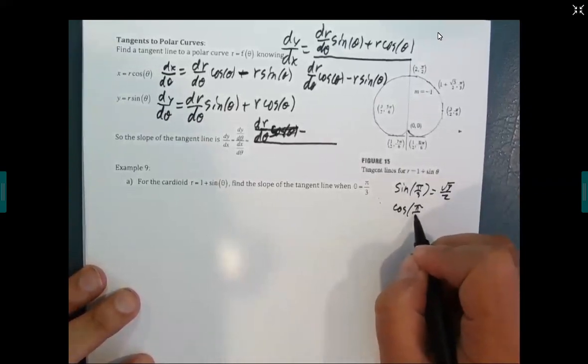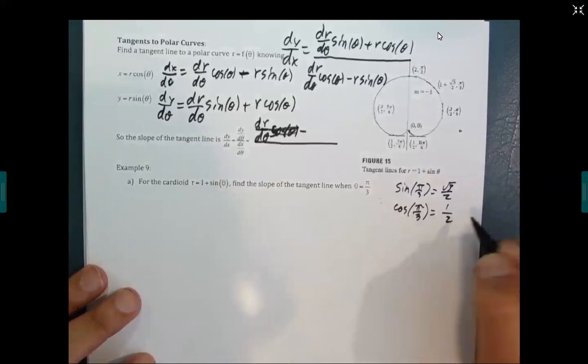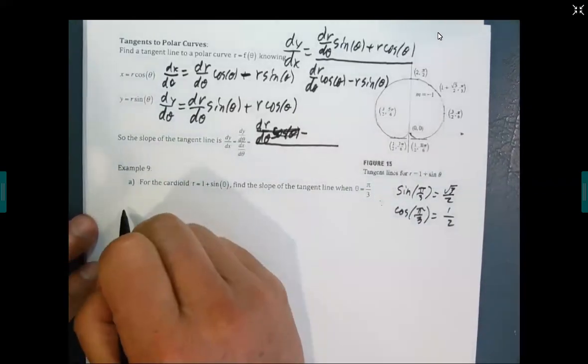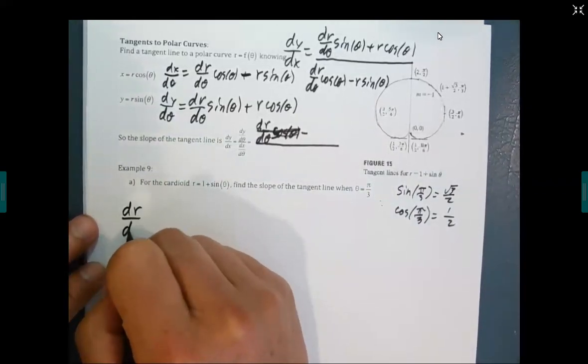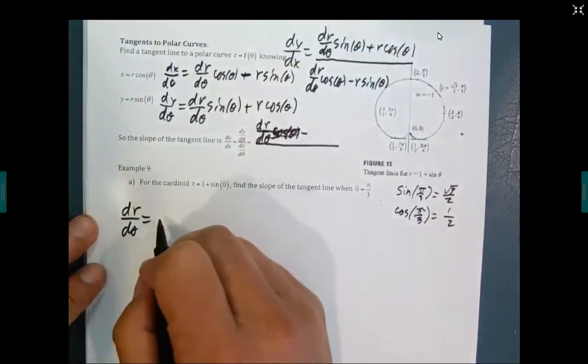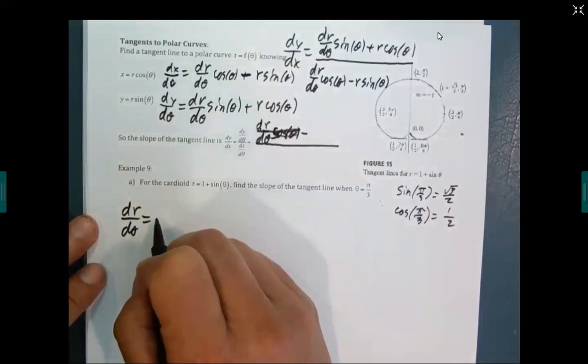Cosine of pi over 3 is 1/2, because we're going to use that a lot today. All right, so let's find dr d theta, since we're going to have to use that quite a bit. That's easy. That's just cosine theta.